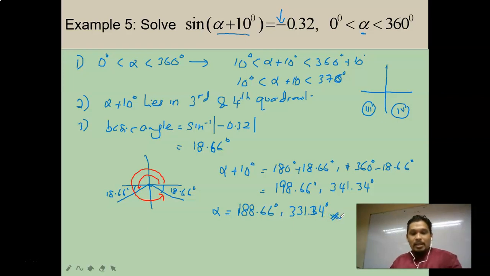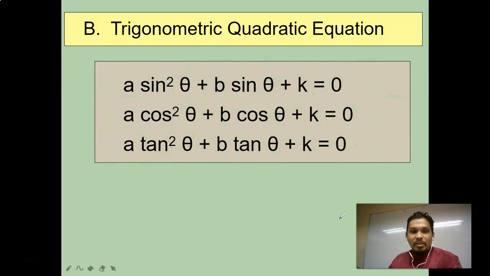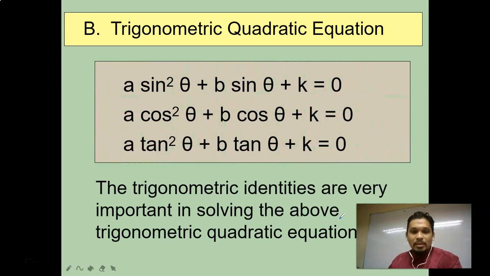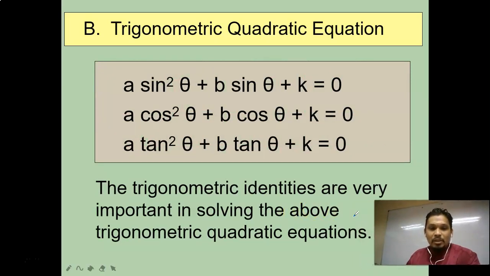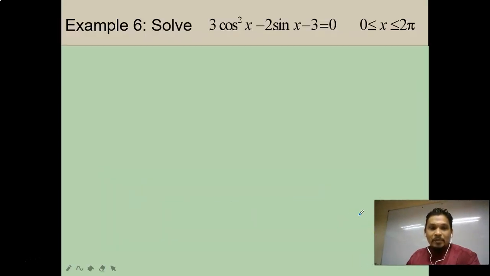Okay. Next, trigonometric quadratic equations. Solving the above trigonometric quadratic equation is very important. Okay, so now example 6. From here, we are going to think about how to change this cos or sine so that both become one term, either cos or sine.